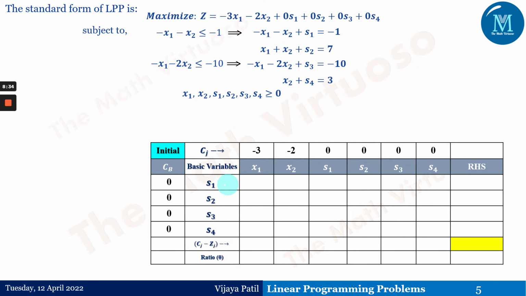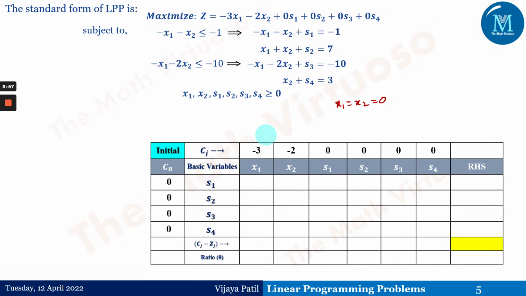Now we have to form the basic variables. To get s1, s2, s3, s4 as basic variables, we put x1 = x2 = 0, the variables which will take the value 0. After putting these values in the first, second, third and fourth constraints, we get these equations.